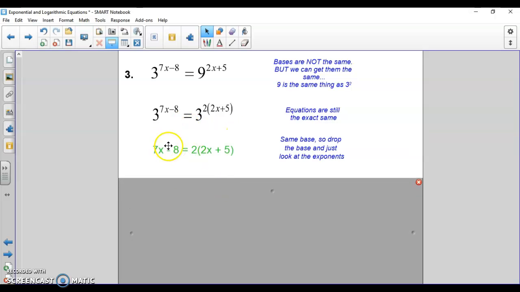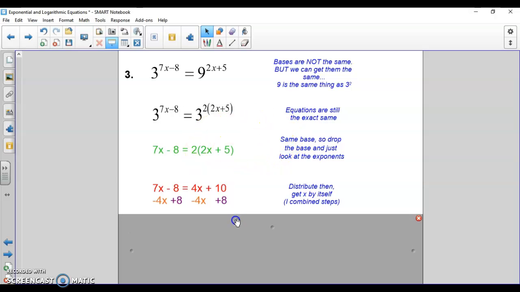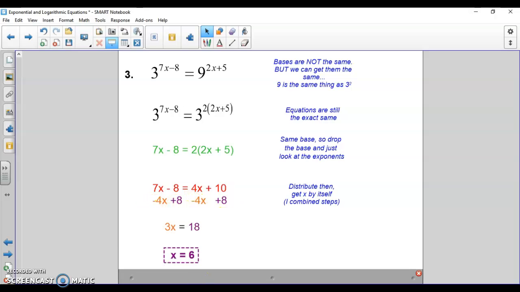So the bases drop out. I have a 2 that I need to distribute this time. So I go ahead and do that. I get 4x plus 10. You can do this as many steps as you need. I combine steps in here. I subtract 4x. I add 8. I get 3x equals 18, and then x equals 6. So I got that one for the third example here.